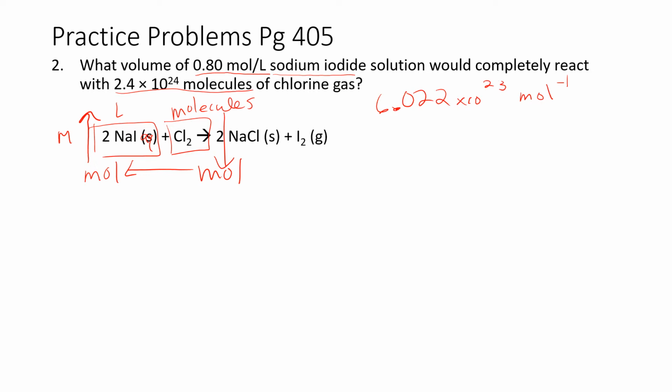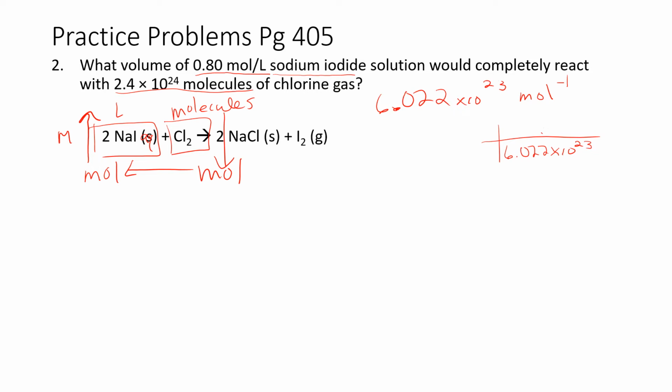Most of the time I see students, when they set up a conversion, they'll put 6.022 times 10 to the 23rd, and instead of putting the moles in the right place, they'll put moles with it, like that. And then they don't know what to write here. So let's fix this problem.